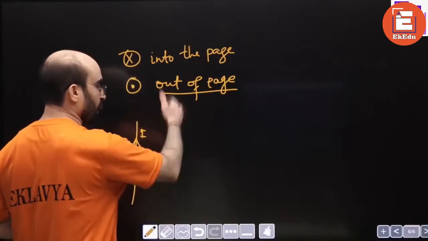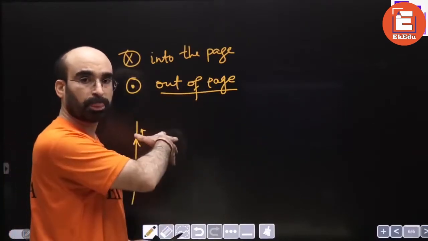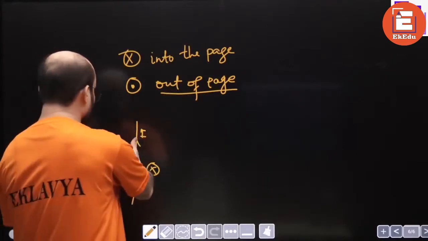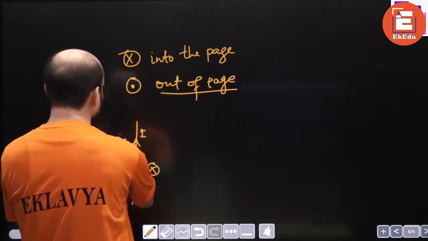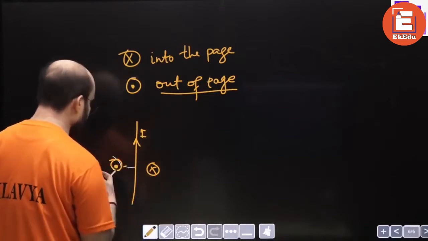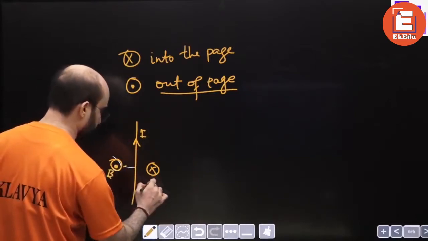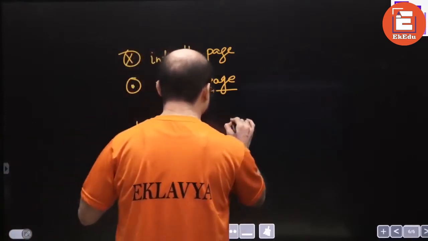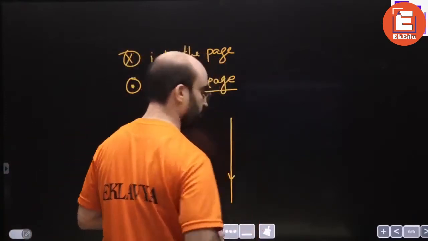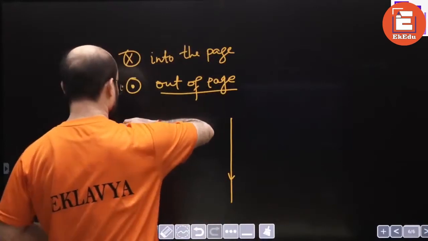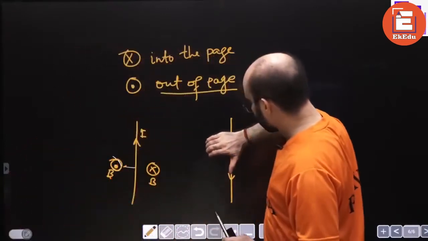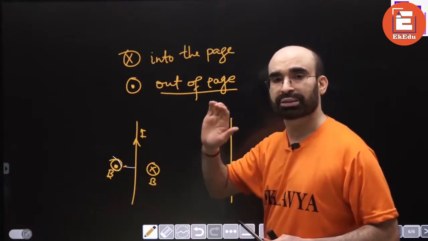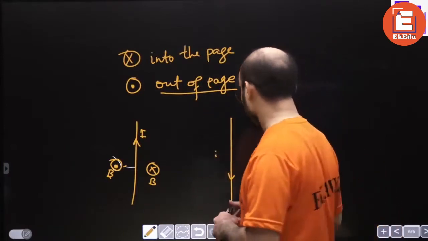The thumb is in the XY plane, suppose this is the XY plane. Perpendicular to this, the curl of the finger goes like this, coming out and getting into this. So this is the direction of magnetic field. If the direction of current is reversed, like this, the curl of the finger will show us the direction of magnetic field.